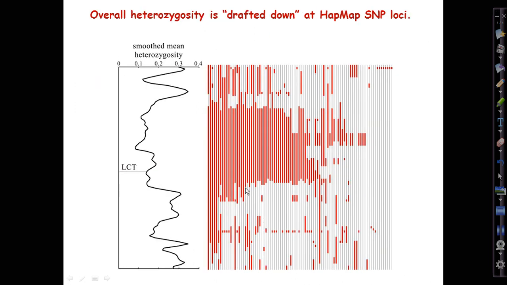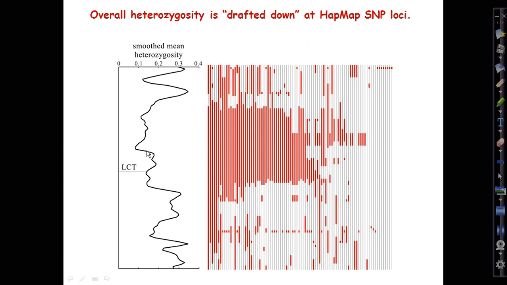Okay, it is the case that in this zone of bizarre identity, the overall heterozygosity, including all the chromosomes, is drafted down. It's lower on average than in regions of chromosome 2 far away, but to my eye, it's not very dramatically so. Right?